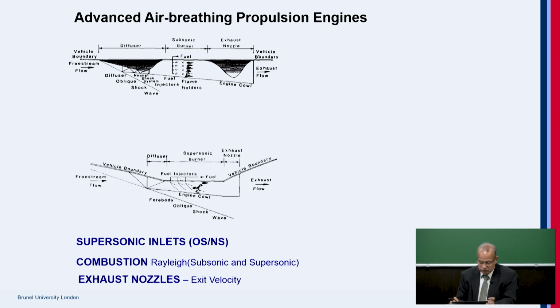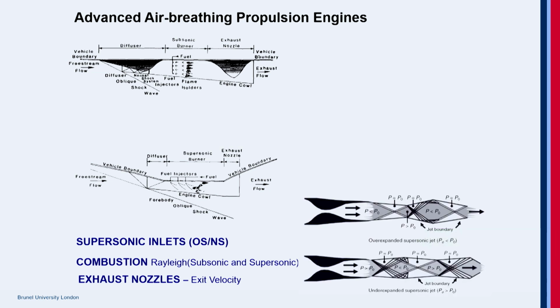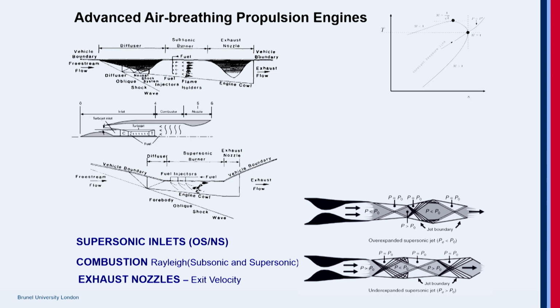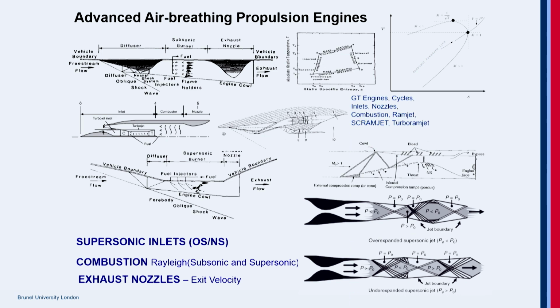When you look at the exhaust nozzles, nozzle flow structures, shock diamonds, underexpanded and overexpanded flows, Rayleigh theory, you looked at wraparound configuration, over-under layout configuration, the most advanced mixed compression inlets, and the cycle diagrams of these engines. This week you looked at gas turbine cycles, inlet, nozzle, combustion, ramjet, scramjet, and dual ramjet.